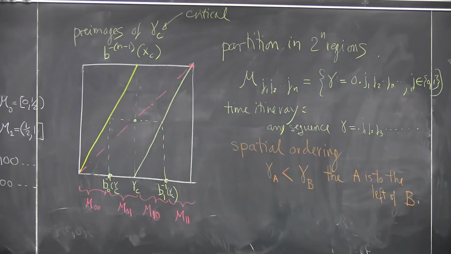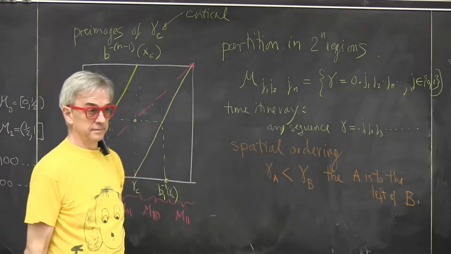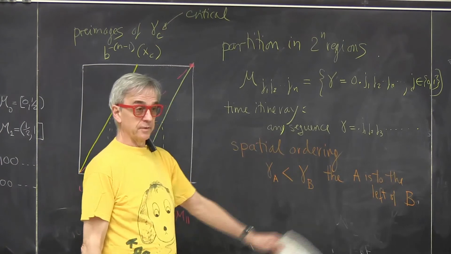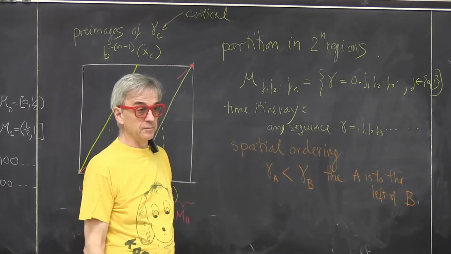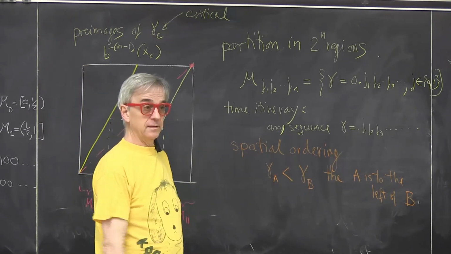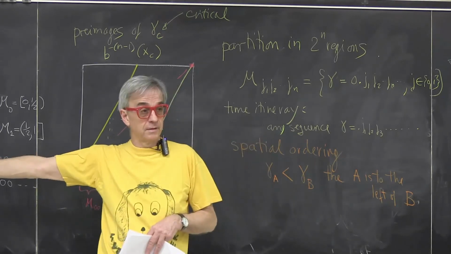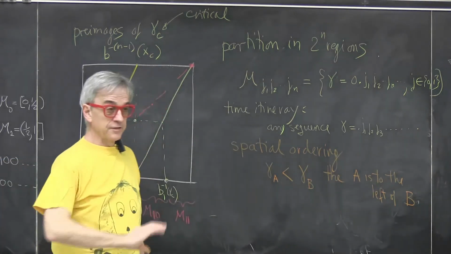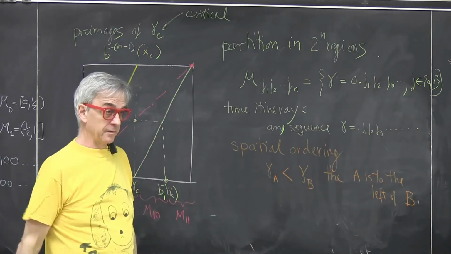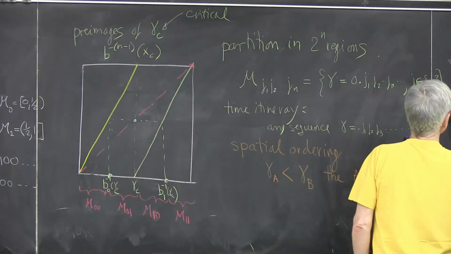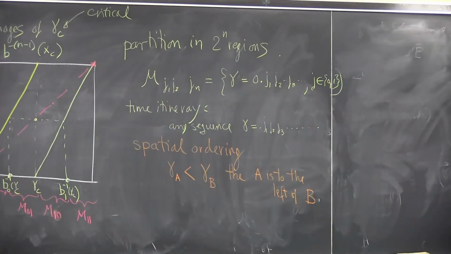But what it says is that you give me an itinerary, I compute gamma from that itinerary. It turns out to be, I just compose it together as a binary number. You give me another itinerary, and I say, aha, this point is over there, or it's over there. So I can start ordering points in space just by knowing their time dynamics. It's so simple that you pay no attention to it.